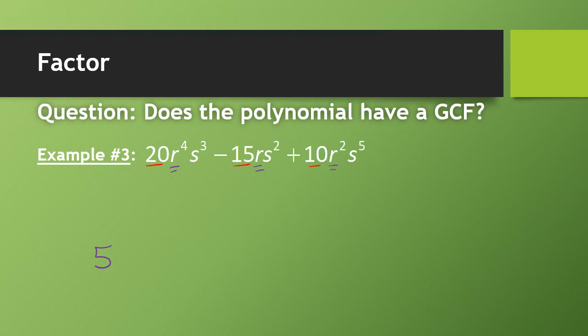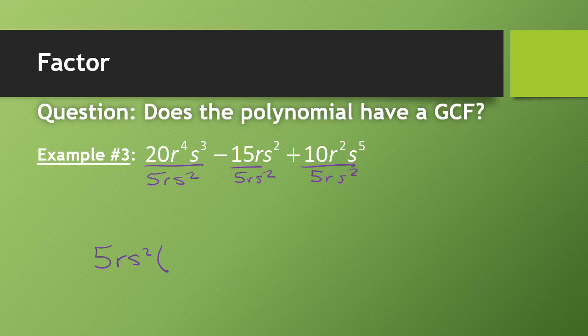Remember, you have to take the smallest one out. I can't take 4 r's out if I really only have 1 r. So I'm going to take out a single r. And then you have s cubed, s squared, and s to the 5th. If I choose the smallest power, I'm taking out an s squared. So now I'm going to take each term in this polynomial and divide it by 5rs squared. Take a minute, hit pause, work through this problem, and we'll check your answer when you return.